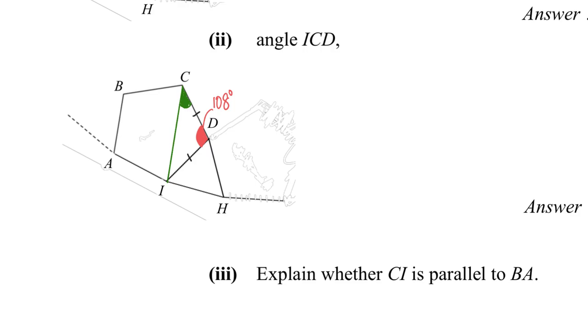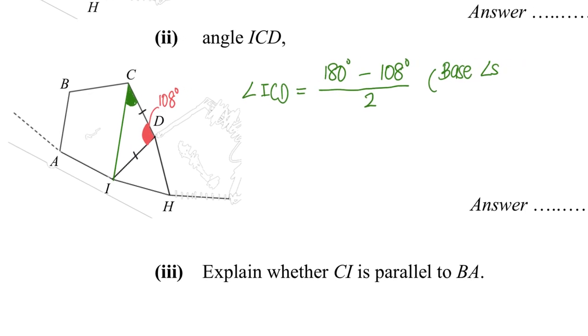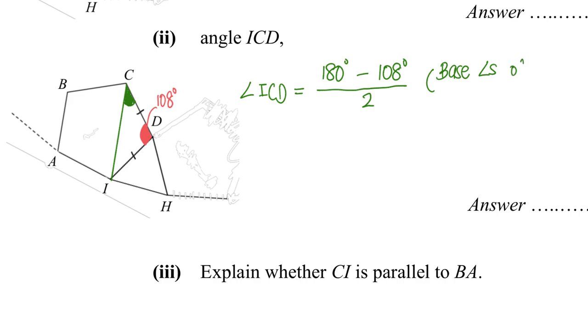So I can easily find angle ICD by using 180 minus 108 degrees, and after that I divide by 2, since the two base angles of an isosceles triangle are the same.